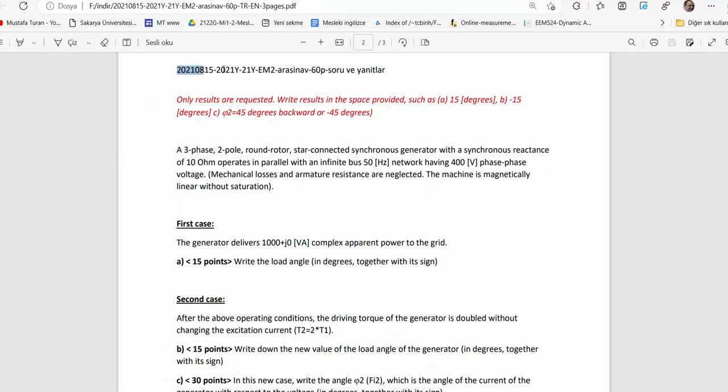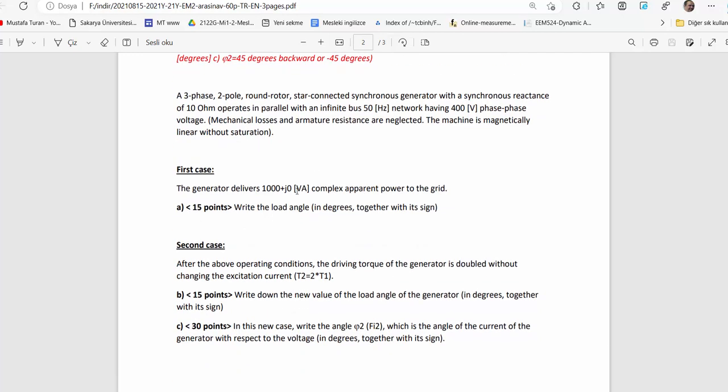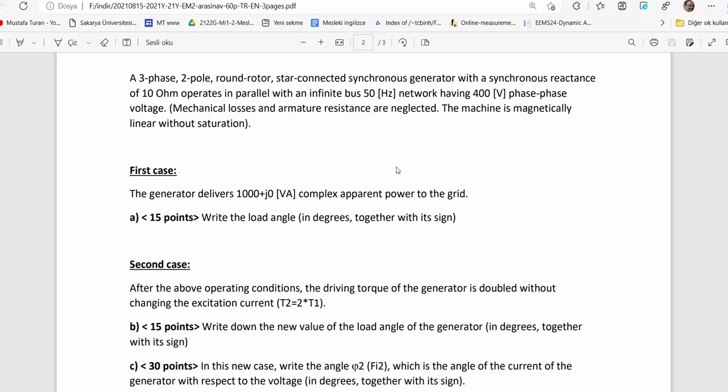That is the summer school midterm exam question, having 60 points. Today we are dealing with a bit complex problems. First, read the problem and understand the topic and try to solve the questions.